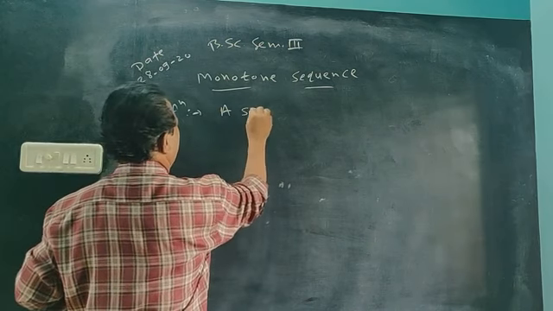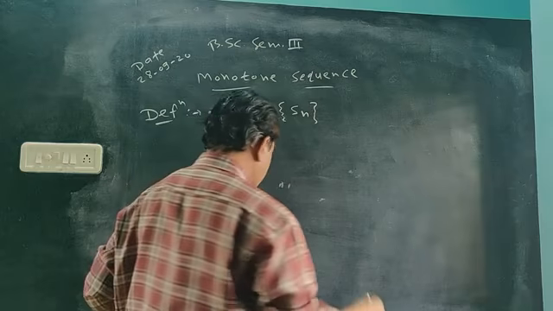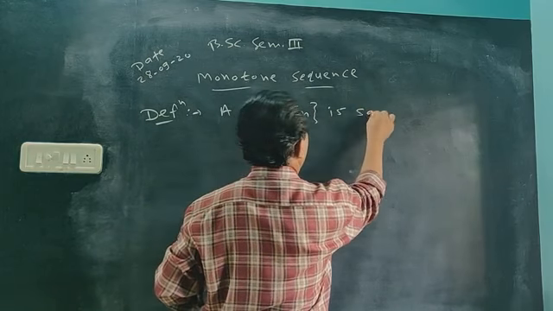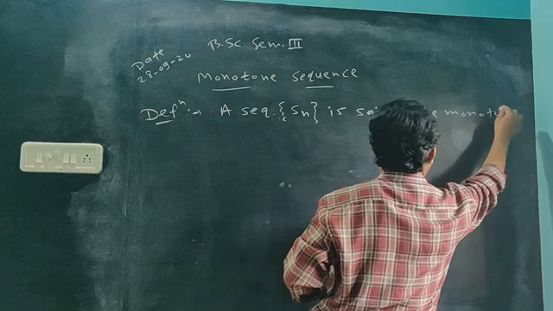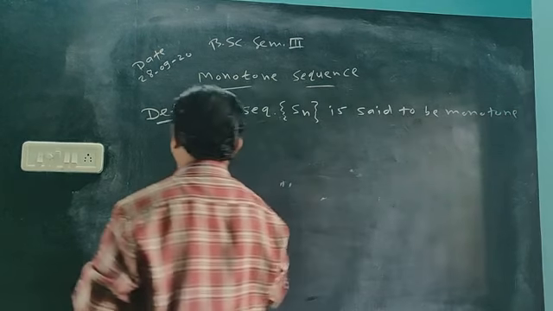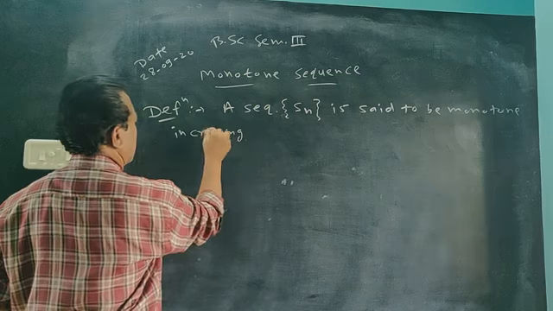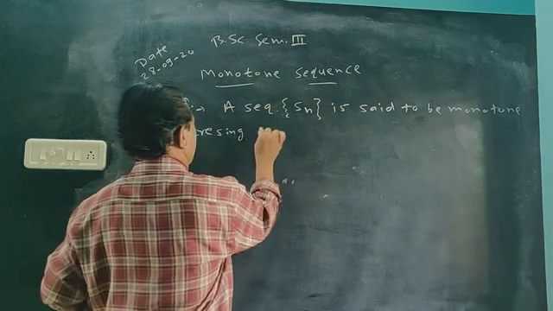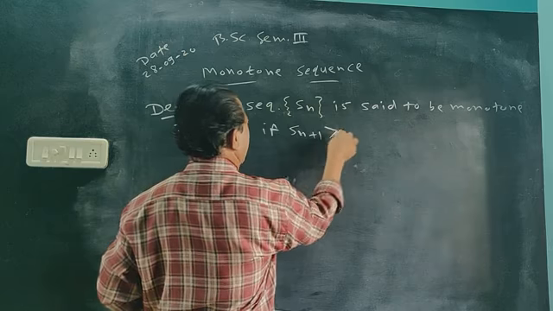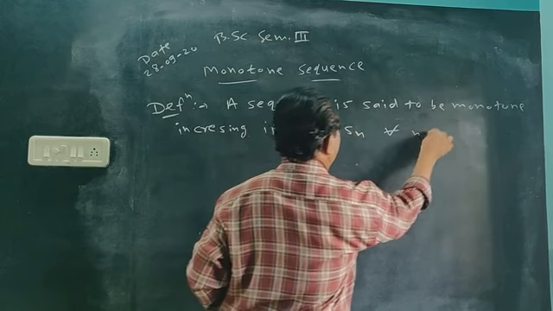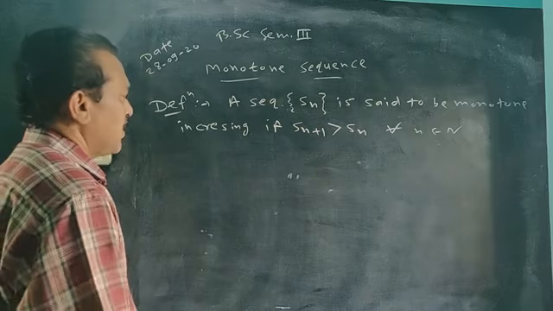So a sequence Sn is said to be monotone increasing if Sn plus 1 is greater than Sn for all the natural numbers. Sn plus 1, the n plus 1 term, is greater than Sn.